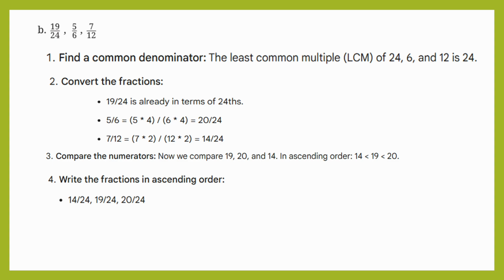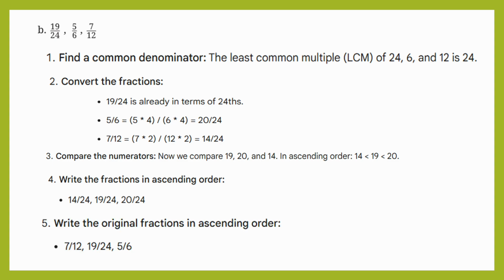So write the fractions in ascending order. 14 by 24 less than 19 by 24, which is less than 20 by 24. Then write the original fractions in ascending order. 7 by 12 less than 19 by 24 less than 5 by 6.